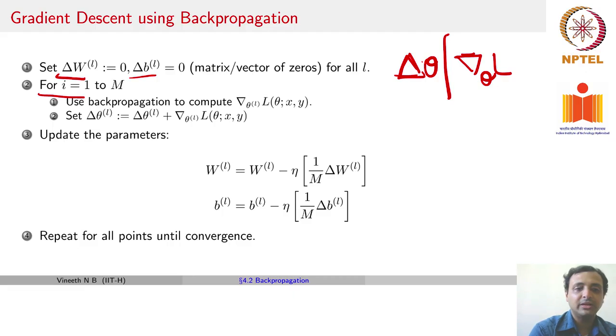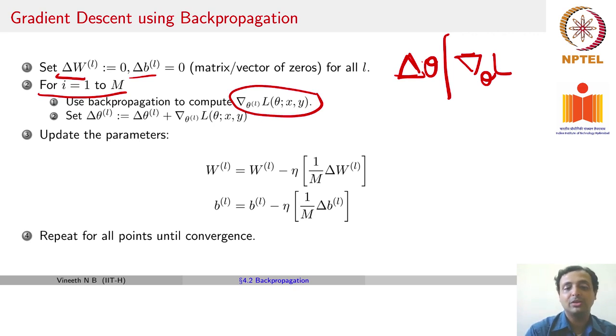Then for each data point that you have in your training data set, you forward propagate that data point, compute the error, compute the loss, compute the gradient, and use backpropagation to compute the gradient with respect to every weight in the neural network. That gives you grad L with respect to theta.